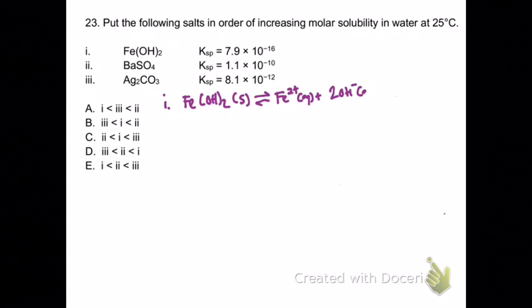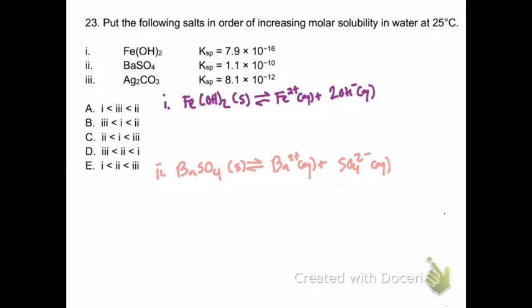So let's see how this is different from reaction 2. Notice how when this salt dissociates, the barium sulfate would turn into barium 2 plus and sulfate. So the first salt turns into 3 ions, the second salt turns into 2 ions. It turns out that has a profound impact on the algebra involved.